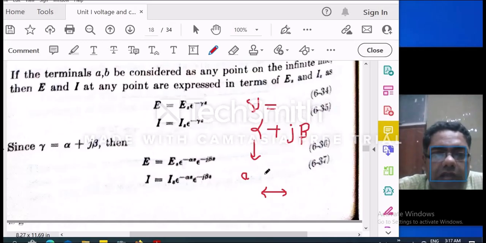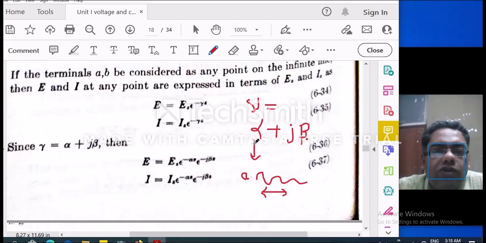The amplitude will go on decreasing because there will be losses in the line. So that is alpha. And beta is the phase constant, that means how much the phase of the signal changes when it travels unit distance in a transmission line.